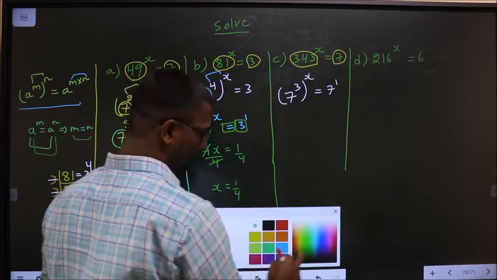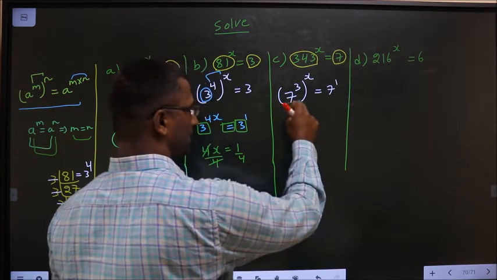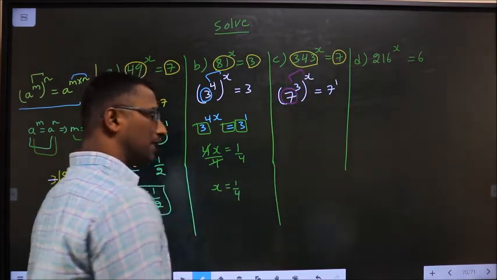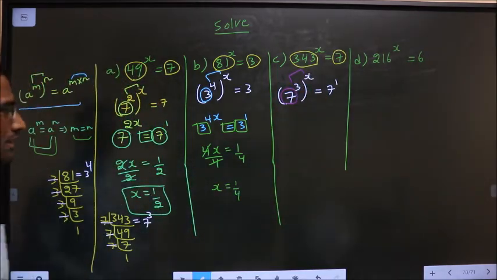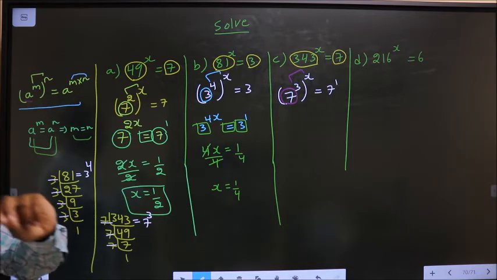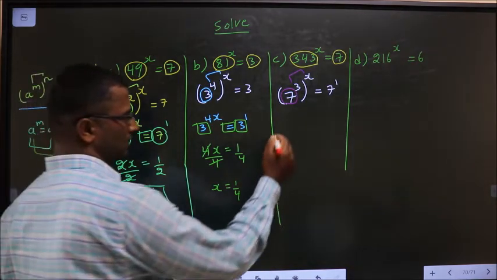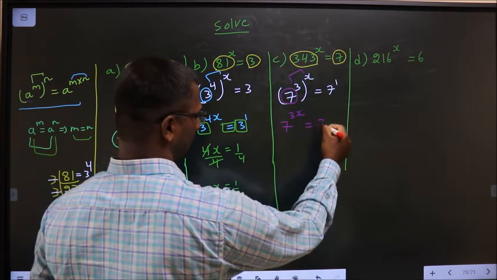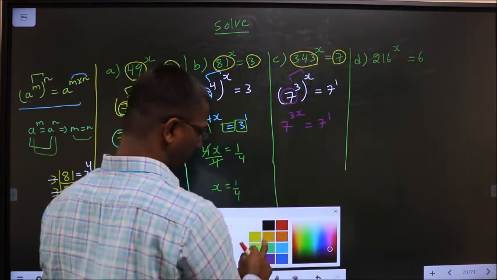Now your observation is number 7 has got more than one power, or multiple powers. Whenever one base has got multiple powers, the result is multiply the powers. So here you get 7 power 3 into x, 7 power 3x, and here 7 power 1.